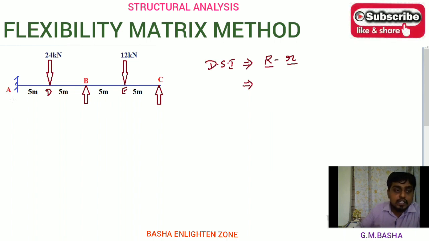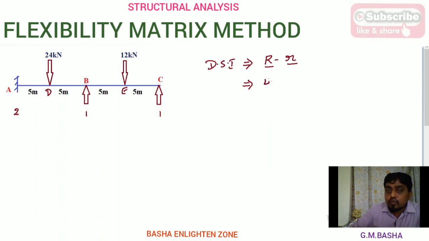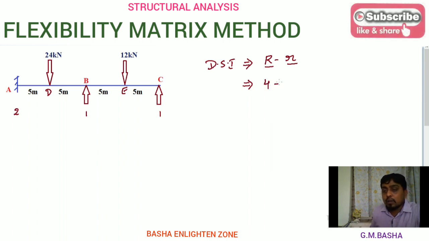Whenever a vertical loading is given on a continuous beam, we neglect horizontal forces. Therefore, at A there are two reactions: one vertical reaction and another moment. Similarly, one vertical reaction at B and one vertical reaction at C. Therefore, totally there will be four reactions. Minus how many available equilibrium equations?